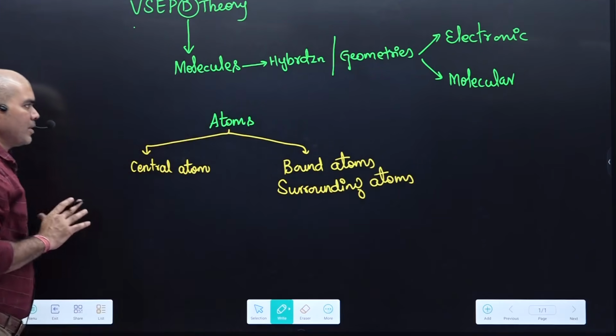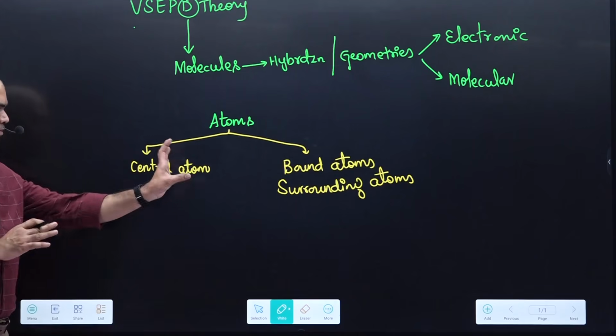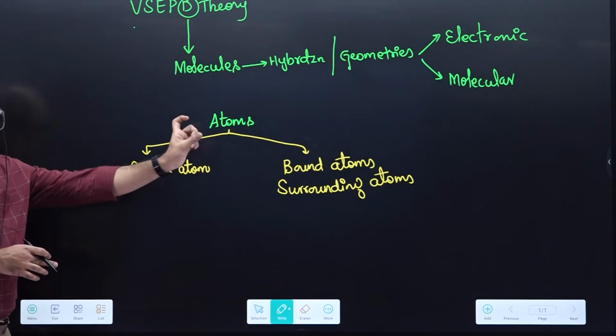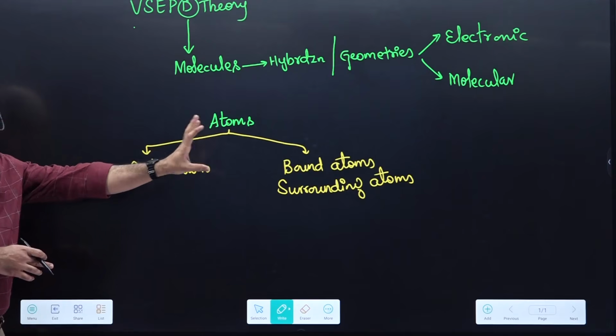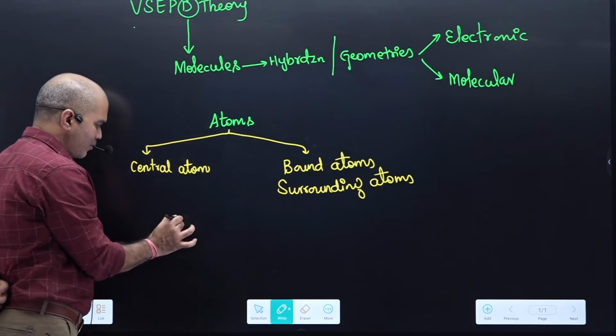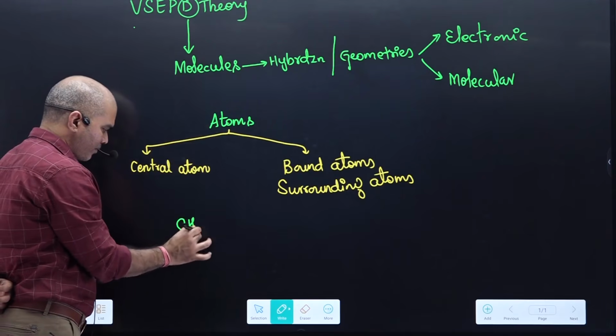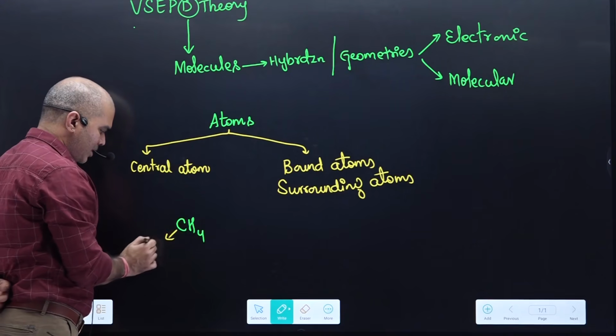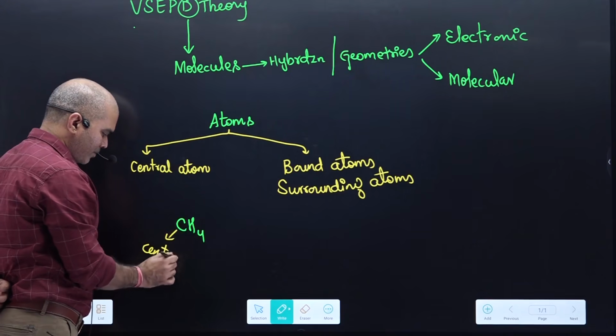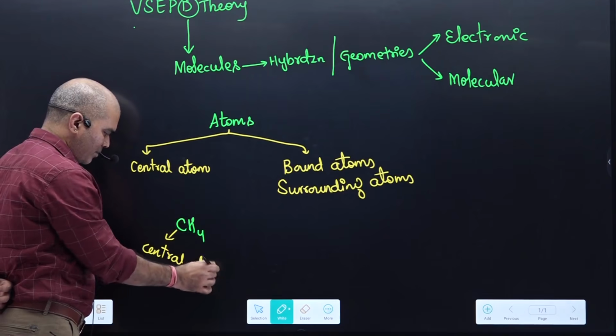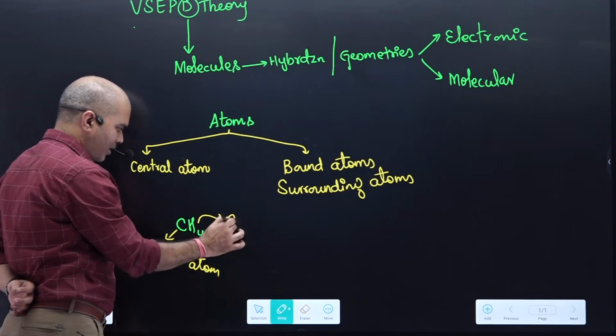So I am classifying atoms into two types: one is called a central atom, another is called a surrounding atom or the bound atom. If I take CH4, carbon is the central atom and hydrogens are bound atoms or surrounding atoms.